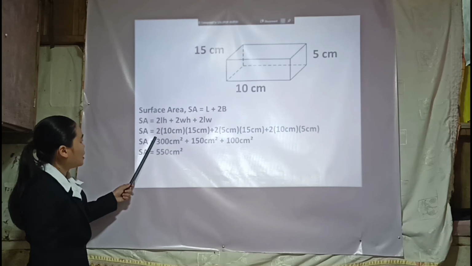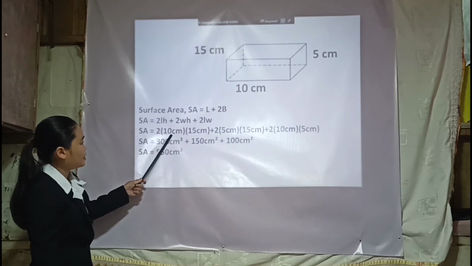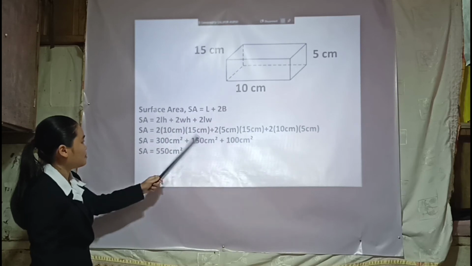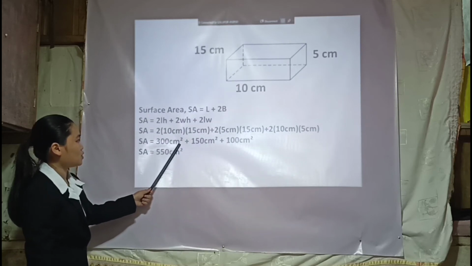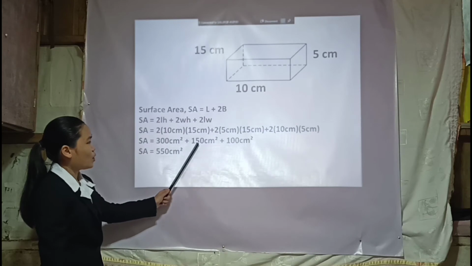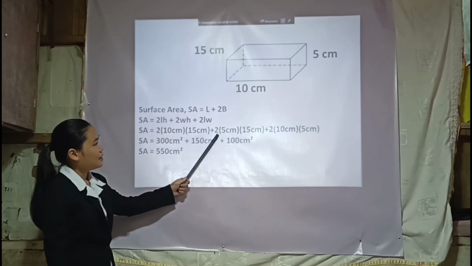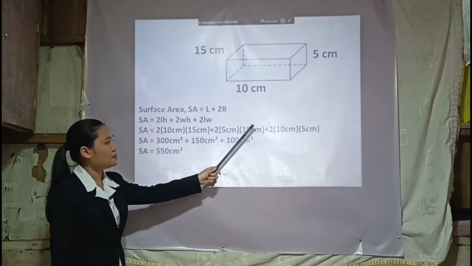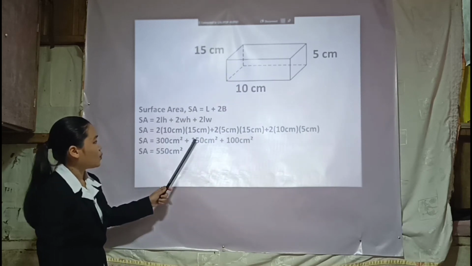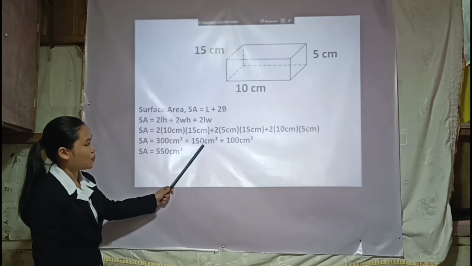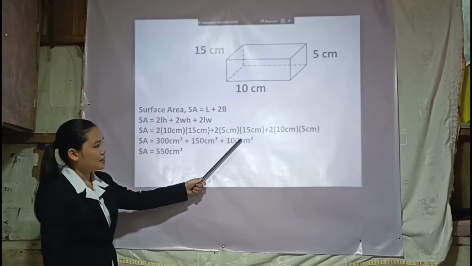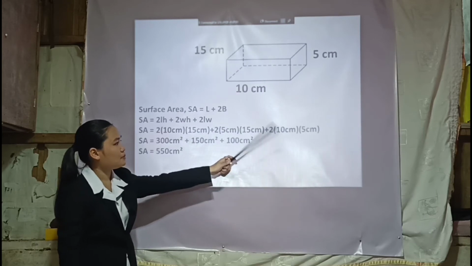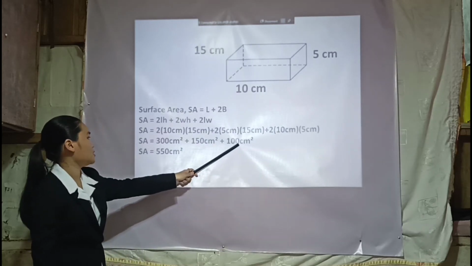Let's proceed. 2 times 10 equals 20 times 15 centimeters equals 300 centimeters squared, plus 150 centimeters squared, because 2 times 5 equals 10 times 15 centimeters equals 150 centimeters squared, plus 100 centimeters squared, because 2 times 10 equals 20 times 5 equals 100 centimeters squared.